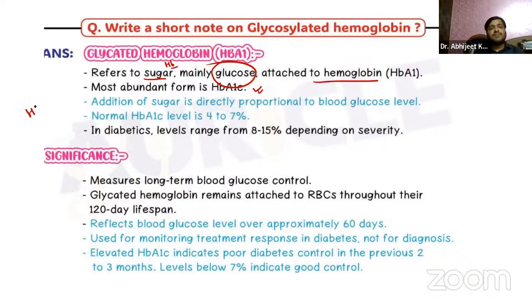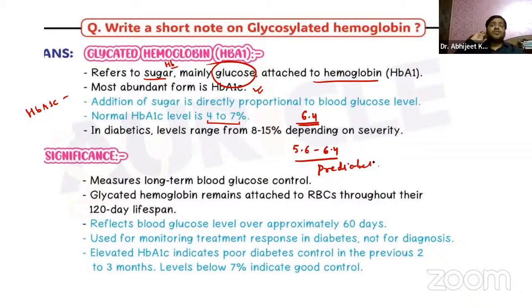Now, HbA1c is normally 4 to 7%. Again, guys, the normal value is not exactly 4 to 7%. It is approximately up to 6.4, exact values. More than this, we classify it as diabetic. From 5.6 to 6.4, it is the pre-diabetic stage, right?